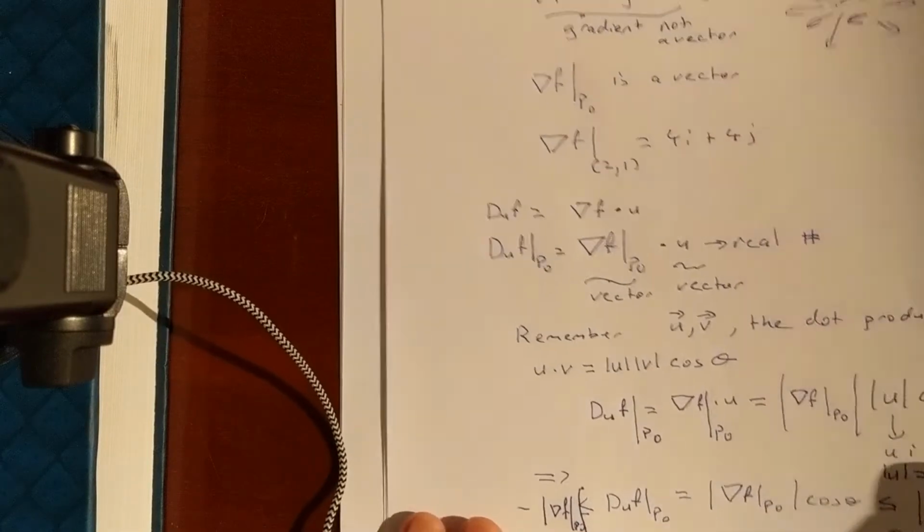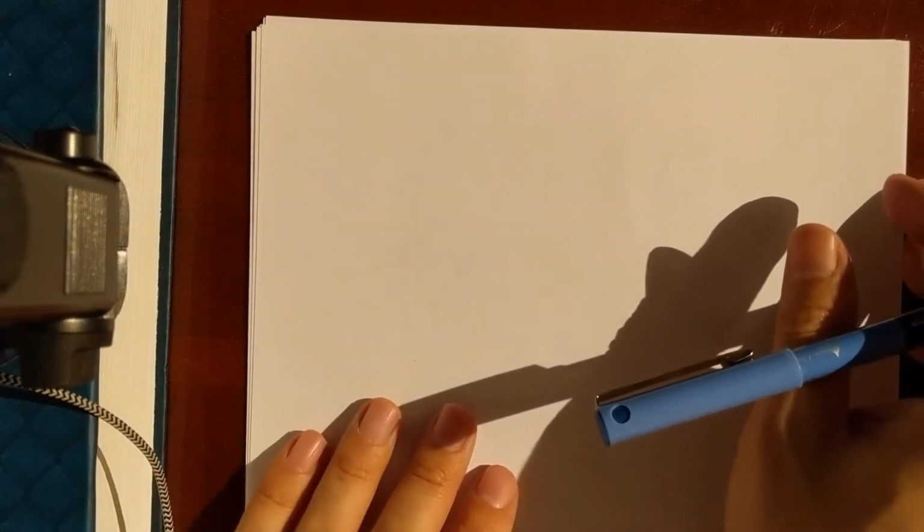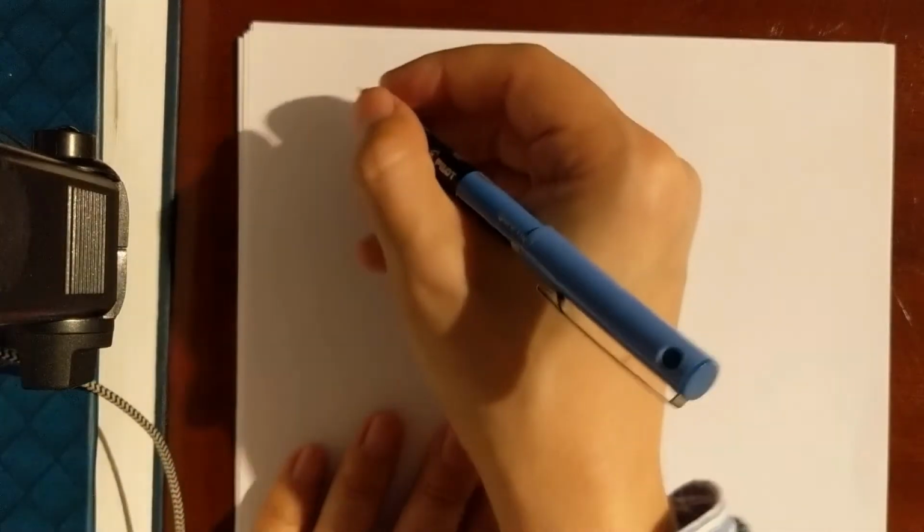So we can now make a summary, and we can use this information. What does it mean for the directional derivative to be maximum? The directional derivative is maximum when you're in the direction of the steepest increase, when the function increases most rapidly in that direction.